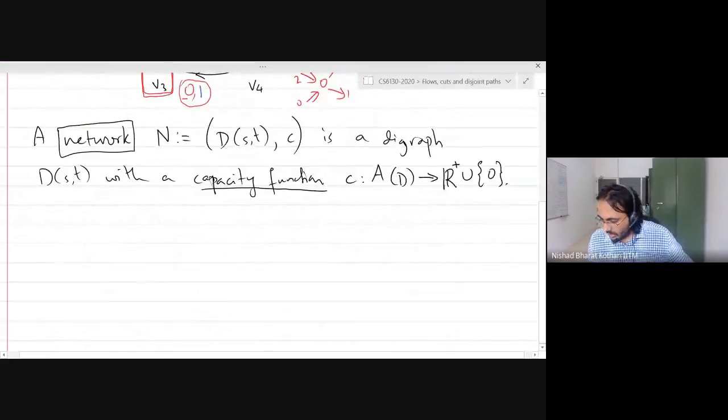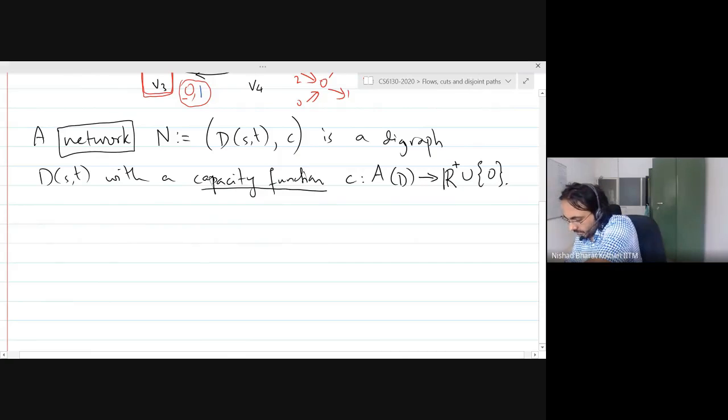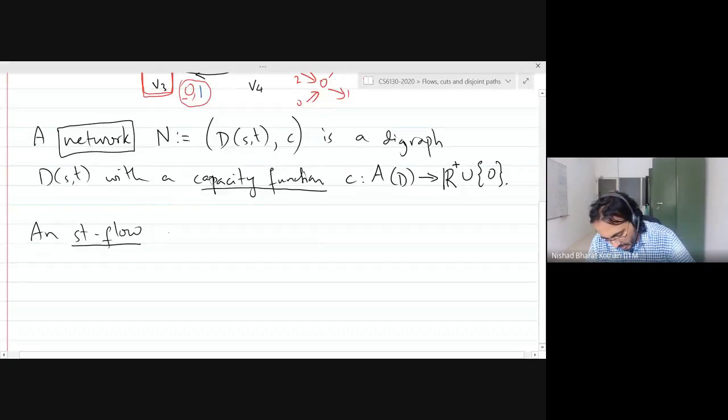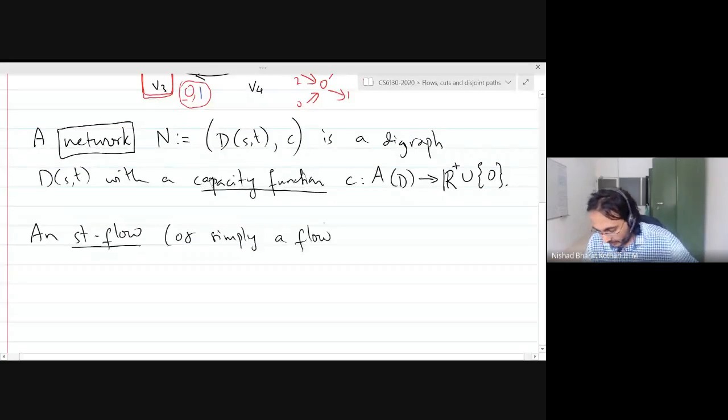So now let's write down a formal definition. We have a network and we want to define what a flow is. An ST flow, but many times I will just say a flow. In this particular discussion, we will always have an S and a T, so maybe I will not say ST flow every time.